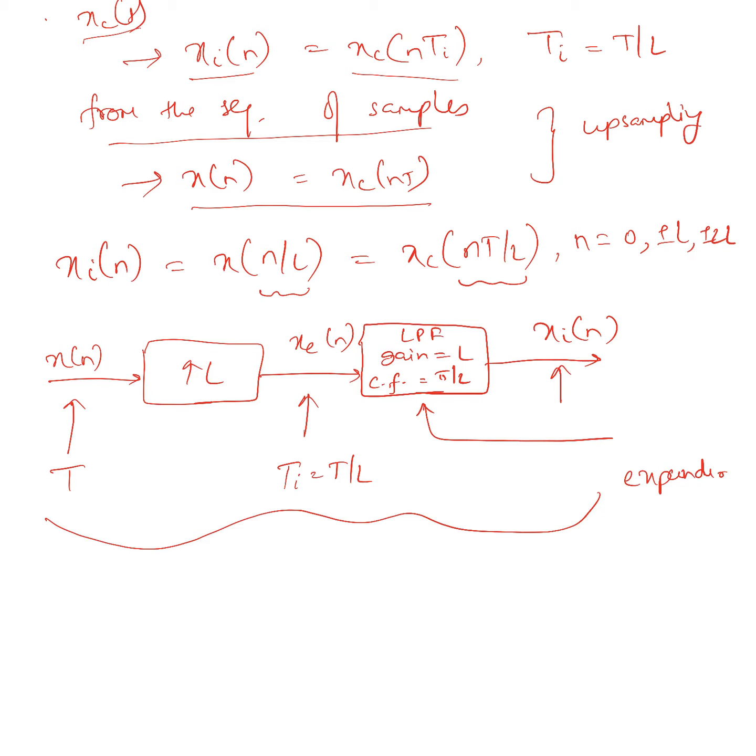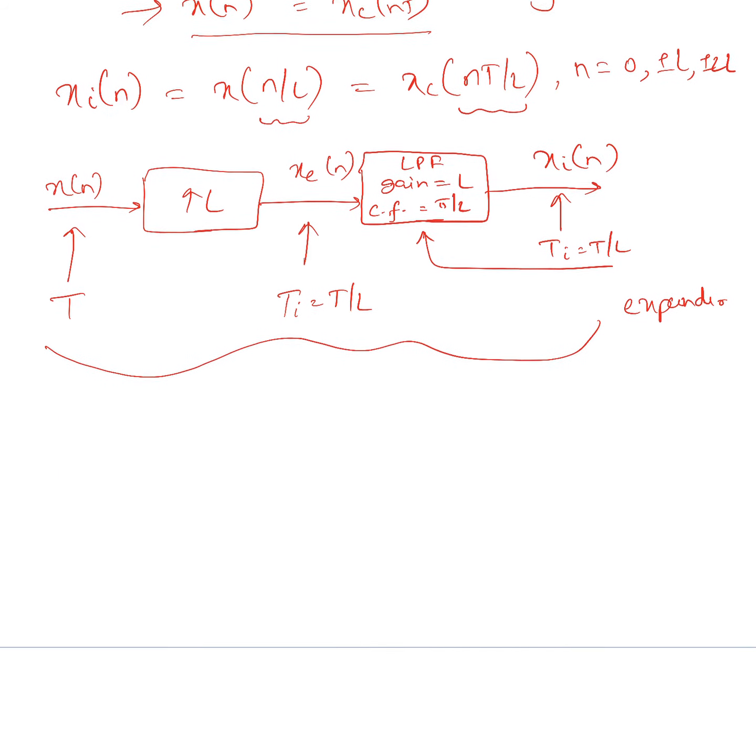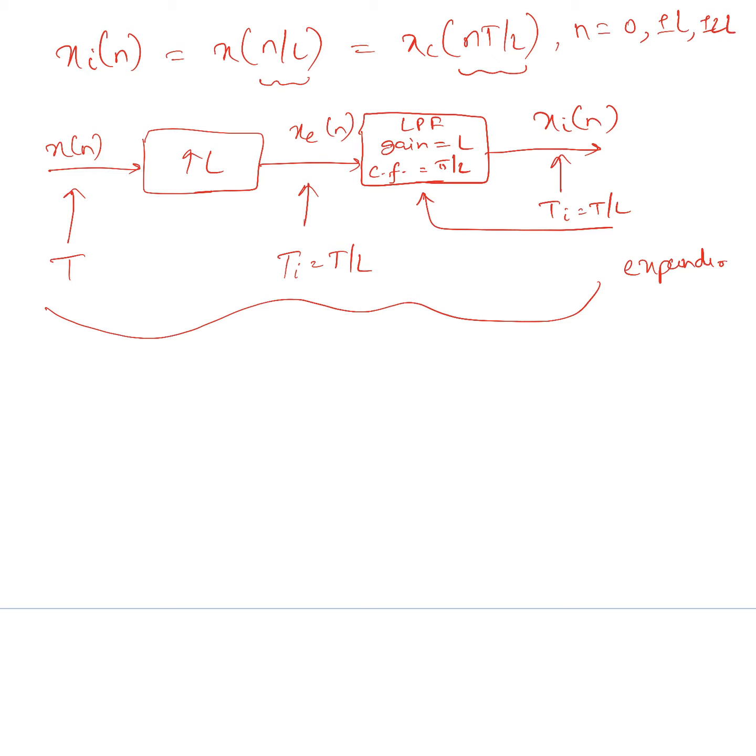So here xi of n would have the sampling time Ti as T by L. This is how we are going to obtain xi of n, and we shall also pay a bit more attention to the parameters we have selected for this low pass filter. And xe, where the E in the subscript denotes the expander, that's why we have used this xe. So let's first write what xe is.